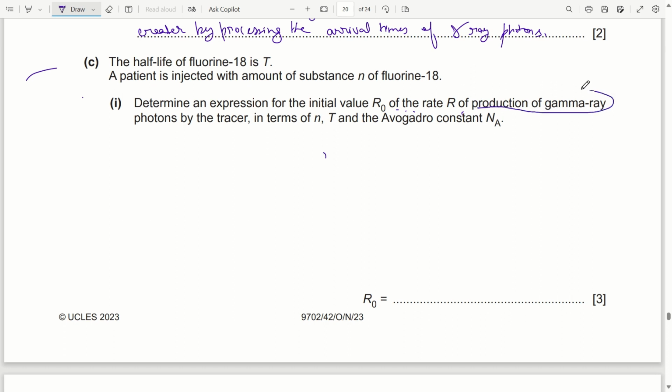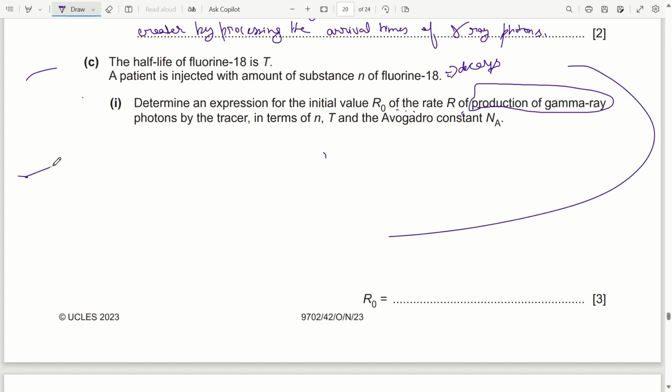Now gamma ray photons are produced when fluorine-18 decays. So we can say the decay rate of fluorine will be the rate of production of gamma rays. Decay per unit time is given as A is equal to lambda n, where n is the number of nuclei.